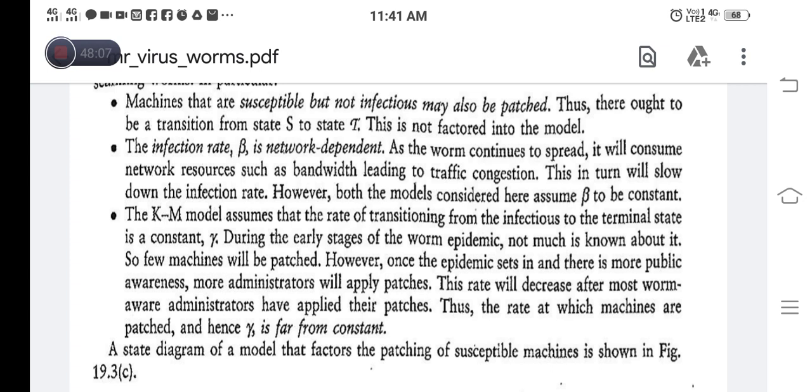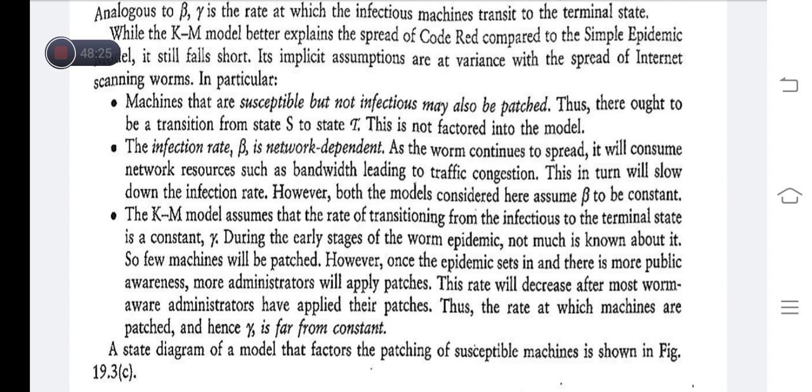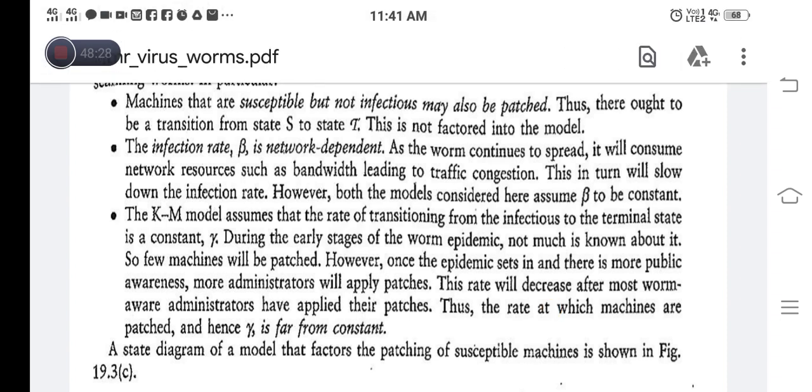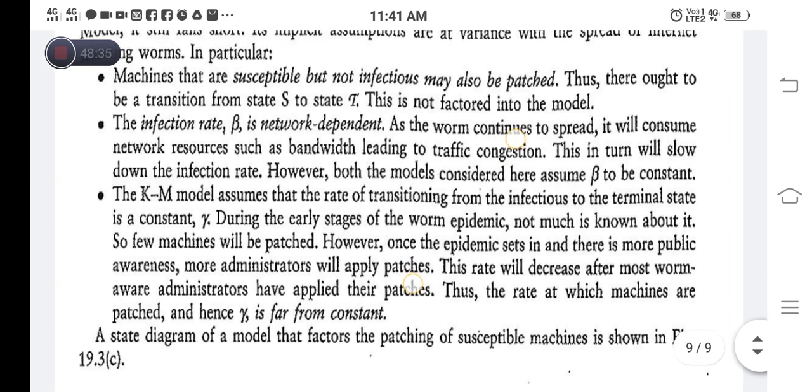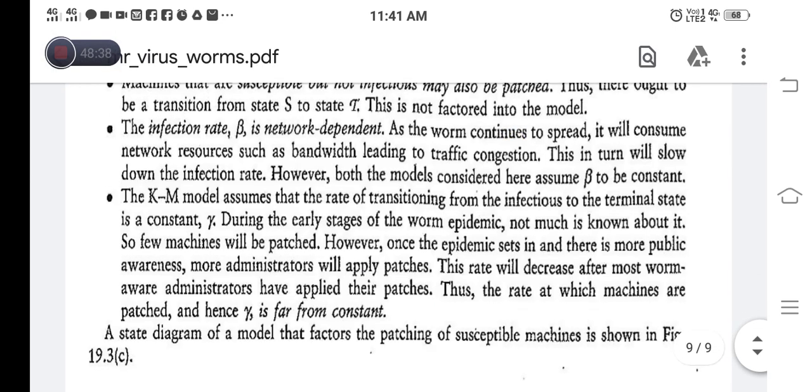But this rate will decrease after most administrators have applied their patches. Therefore the rate at which the machines are patched, and hence gamma, is far from constant. So these are the few things where the KM model falls into the short category.